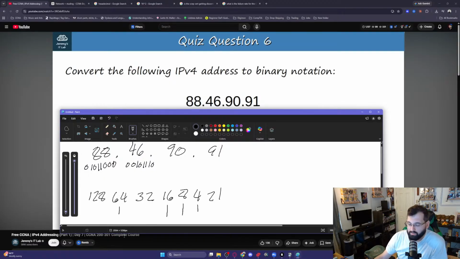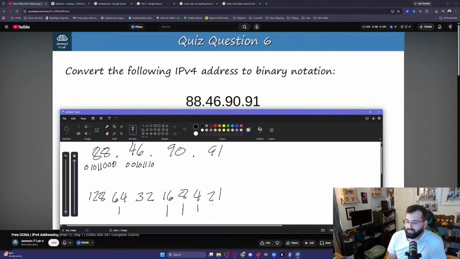I tried to skip steps, and then it bit me. 64 plus 16 is 80. 80 plus 8 is 88. 88 plus 4 is 92. Did I screw up? Okay, hold on. 64 plus 32 is 96, so it can't be that. So it's got to be 16, which is 80.